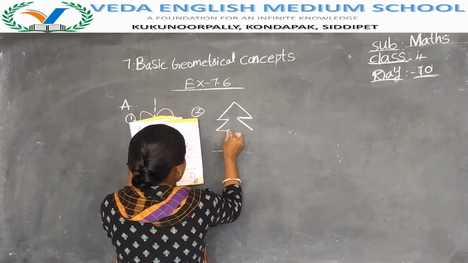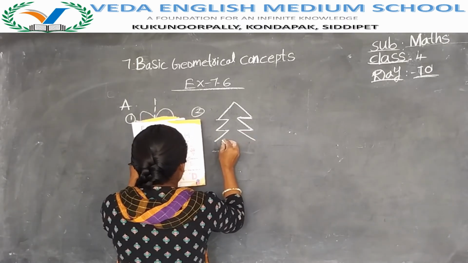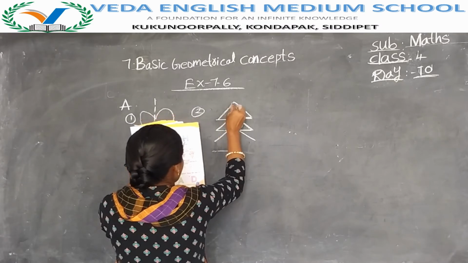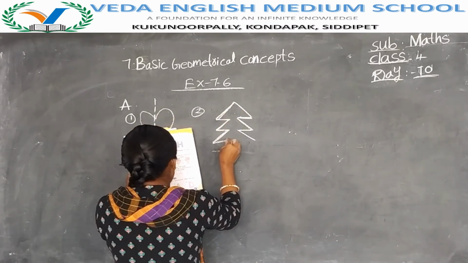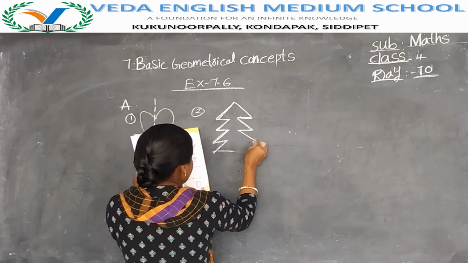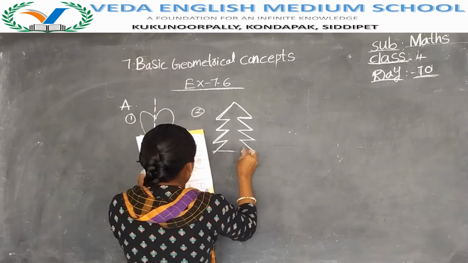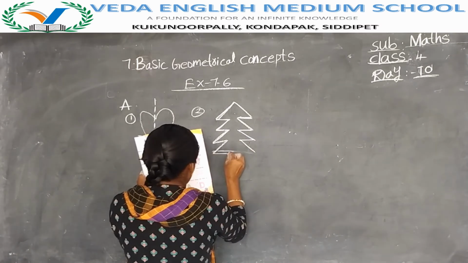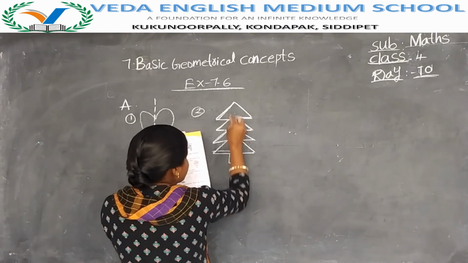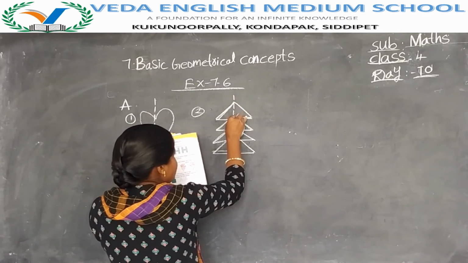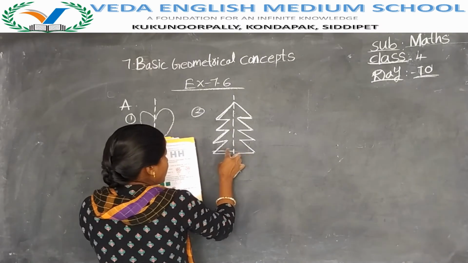Yes. Like this. If you divide like this, then it is a symmetrical line. This symmetrical line divides this figure into two equal halves.